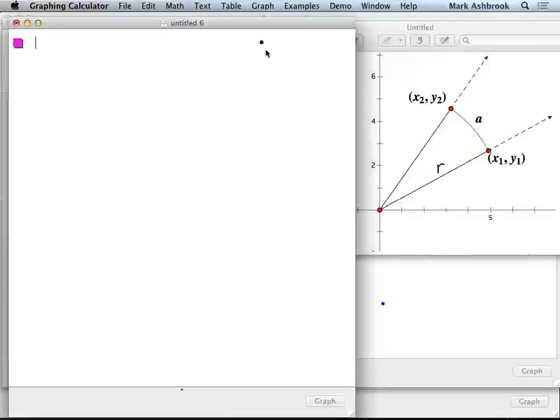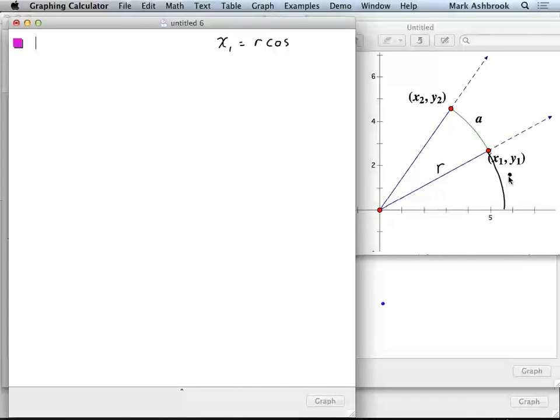So x1 you're saying is R times the cosine of the angle. What angle? Angle A? No. Angle between the x-axis and... oh, so a different angle. Right. Cosine of the tangent of y1 over x1.